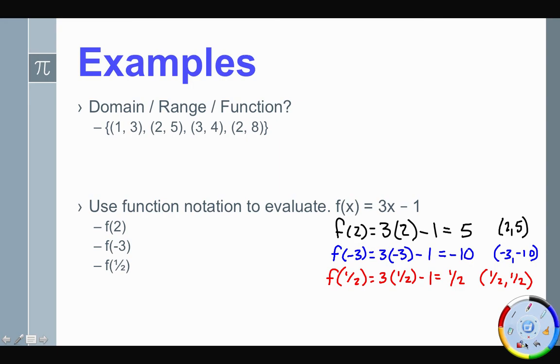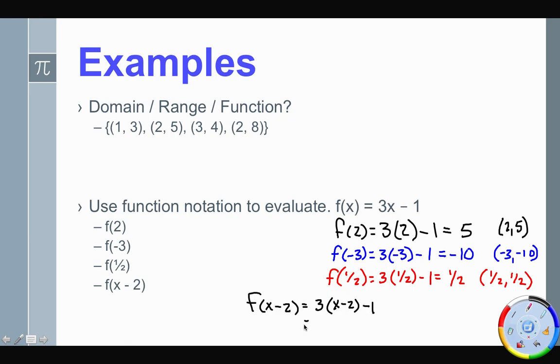All right, and the last one here is going to be a little bit of a tricky one. Our last one is f of x minus 2. Now, we're not going to get an ordered pair in this particular case, but if we want to do f of x minus 2, we have to plug in. Rather than plugging in a number, we're going to plug in x minus 2. So we're going to say it's 3 times, using the same kind of notation we did before, x minus 2, minus 1.